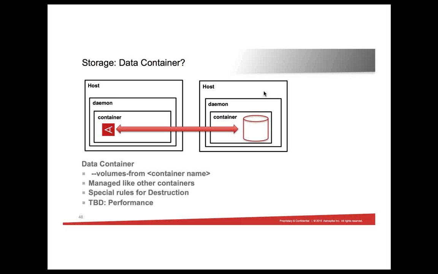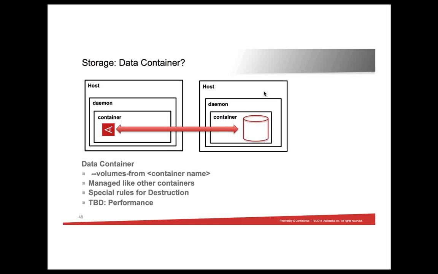Now, in these data containers, there are special rules for their destruction, because clearly if you shut down that container, you don't necessarily want to lose all the data. So there's some safety mechanisms for these types of containers where you have to go out of your way to destroy them, but it means that your data is now encapsulated in the container and you could move that container around.